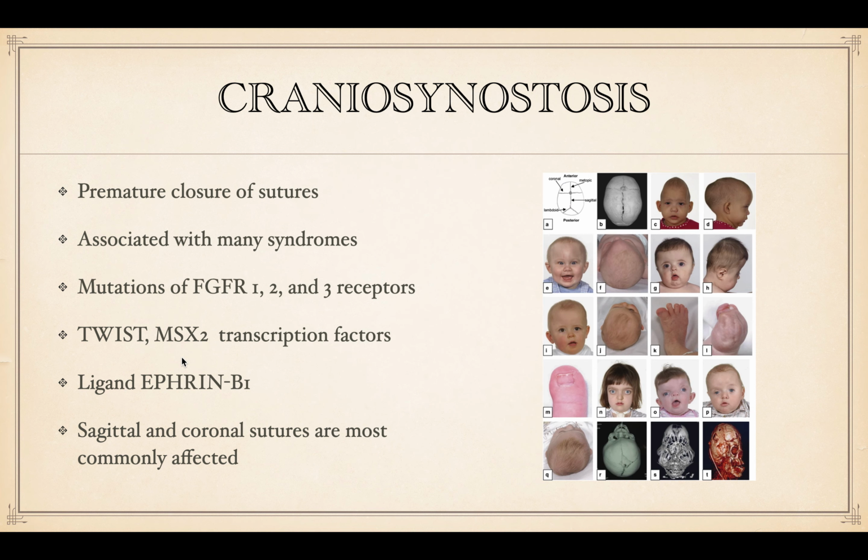And then TWIST and MSX2 transcription factors are also involved, along with the ligand ephrin B1. And generally, the sagittal and the coronal sutures are the most commonly affected. As you can see here, the coronal suture is fused.